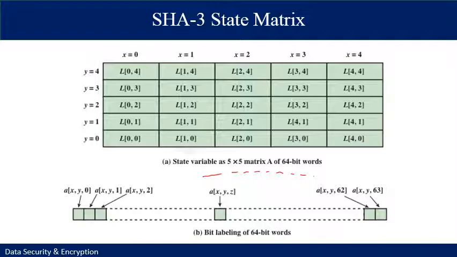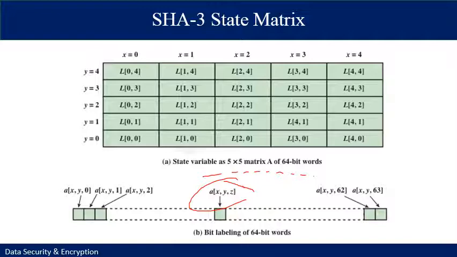The 64-bit units are referred to as lanes. For our purposes, we generally use the notation A[x, y, z] to refer to an individual bit within the state array. When we are more concerned with operations that affect entire lanes, we designate the 5 by 5 matrix as L[x, y], as described in the first part of the diagram.